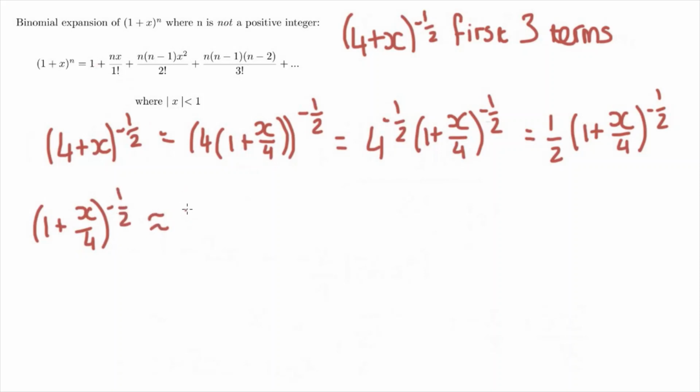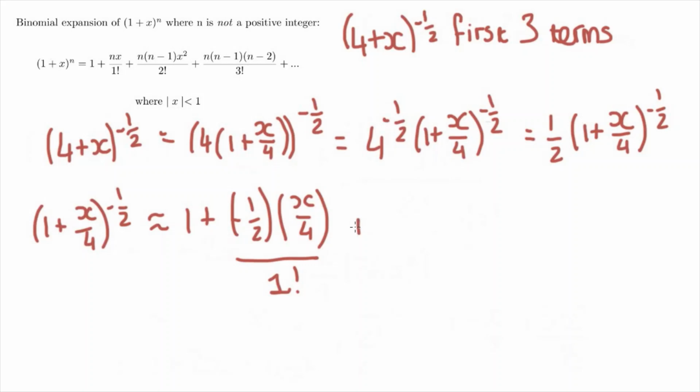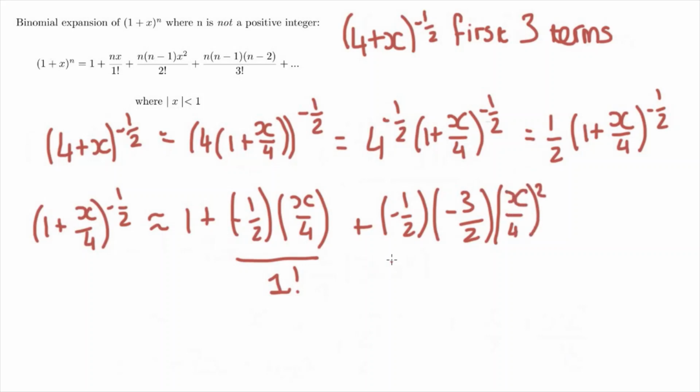So again, we're going to get 1 plus n, which is minus a half, multiplied by x, but this time our x is x over 4, divided by 1 factorial, plus minus a half, multiplied by minus a half minus 1, which is minus 3 over 2, multiplied by x over 4, all squared, over 2 factorial.